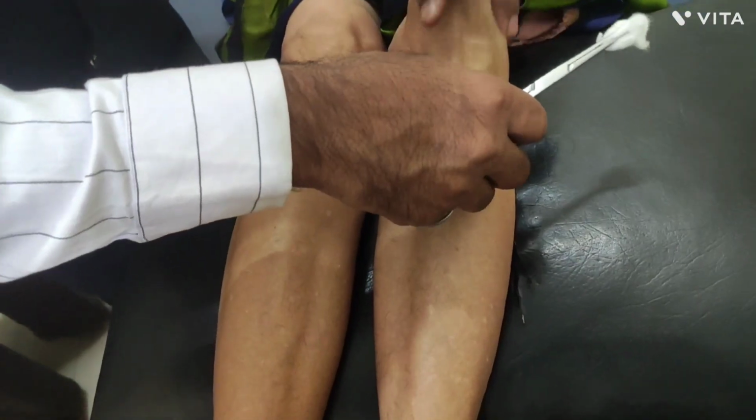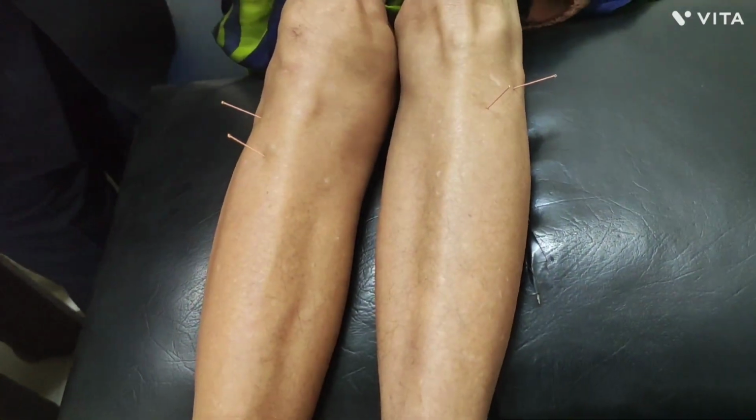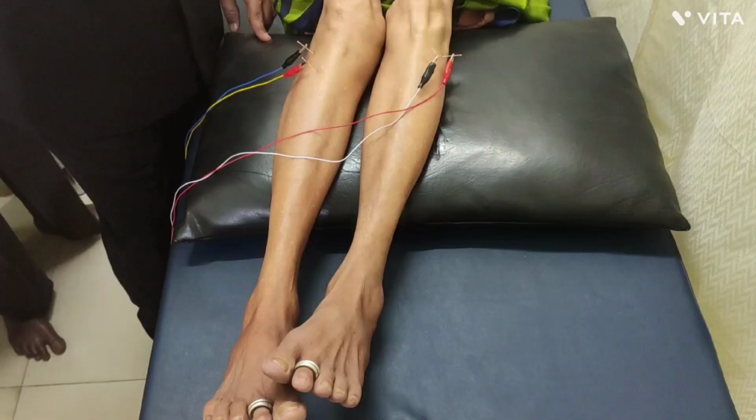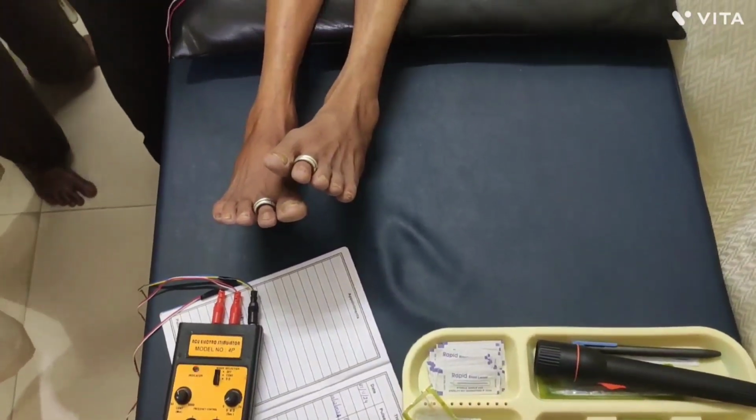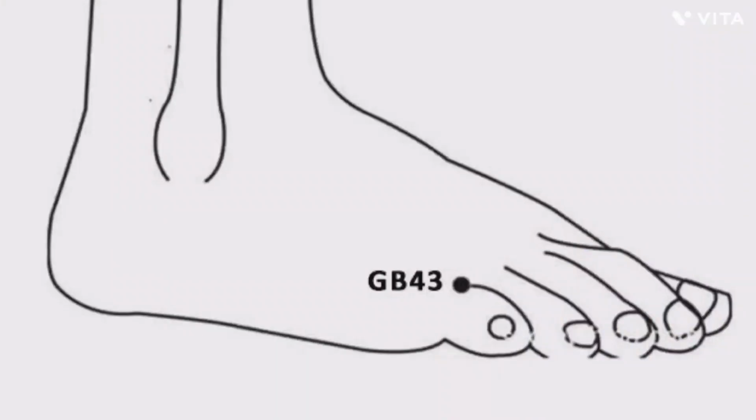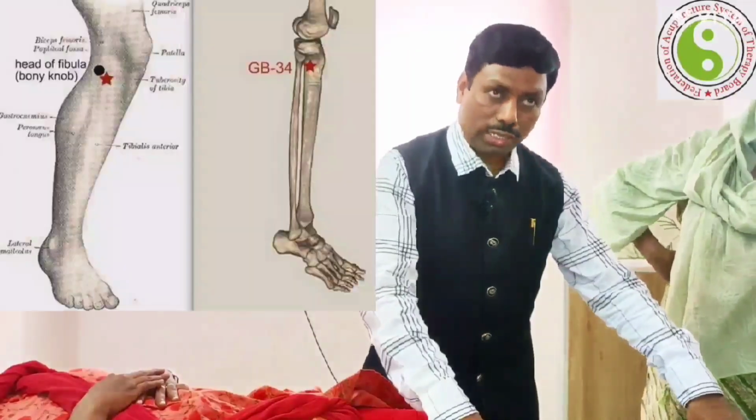Number one. Number two is, why is it so important? Because GB34 is equivalent to Xiangu. Xiangu is Stomach 43, and that is the grandmother point. This GB34 is the grandson point.